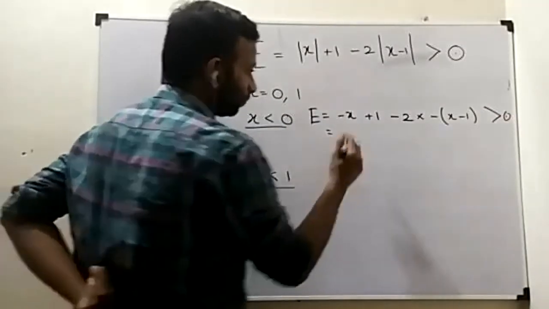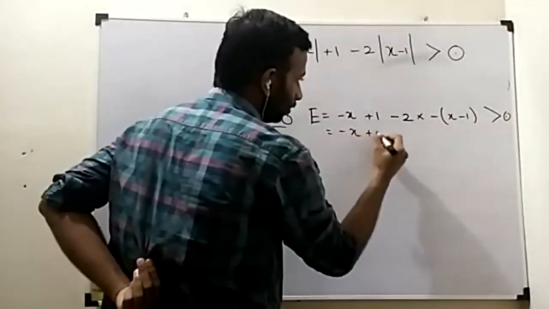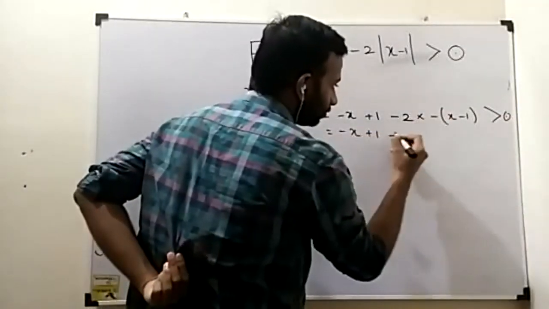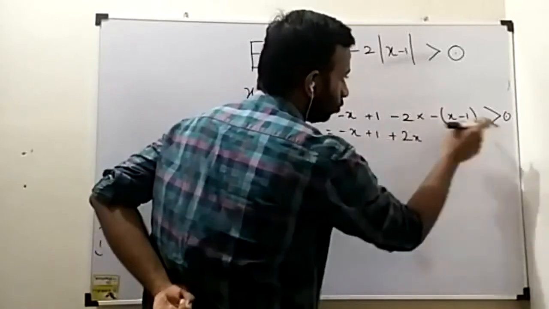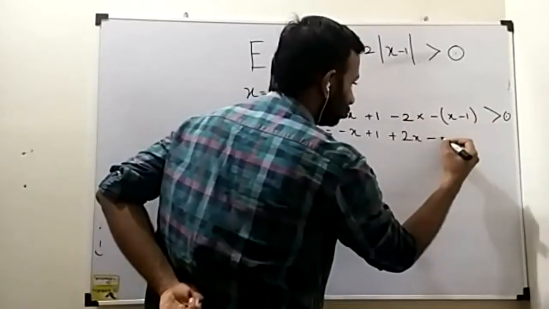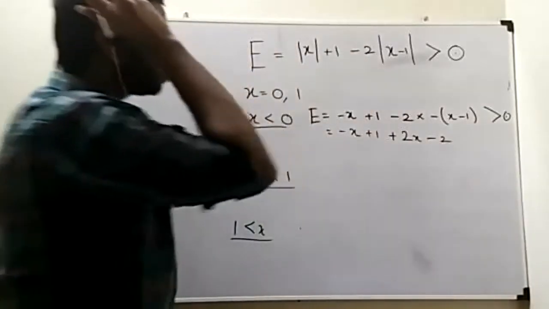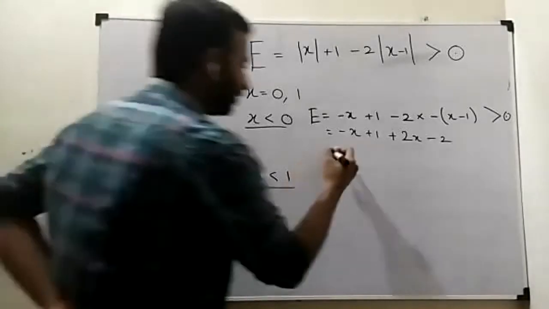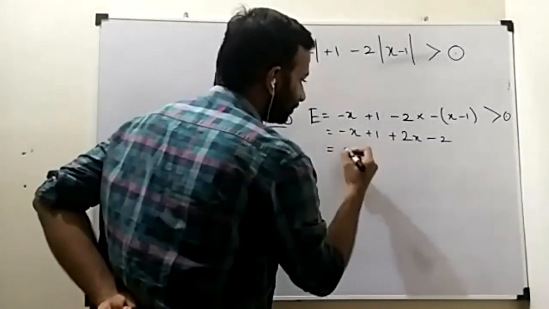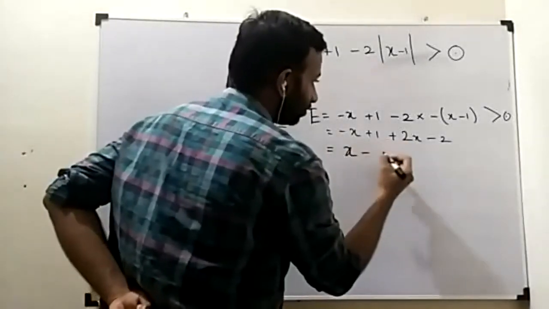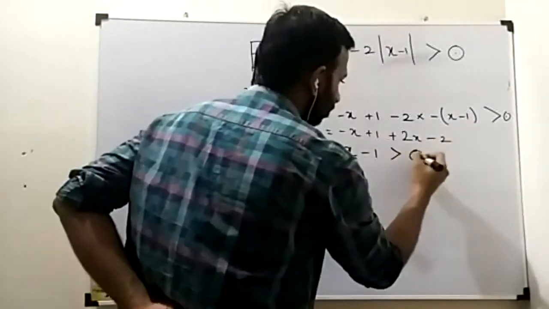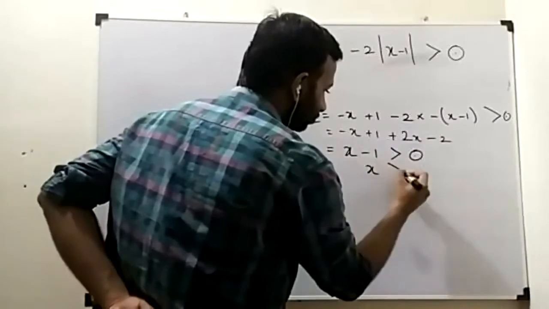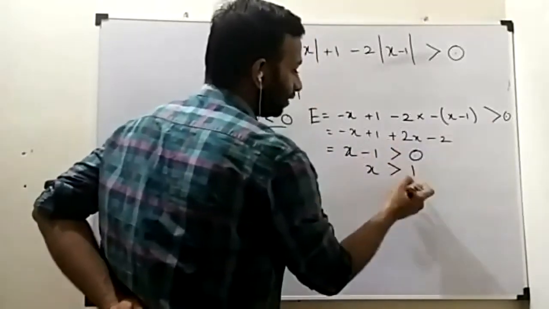So let's simplify. Minus x plus 1, minus into minus becomes plus 2 times x, 2x, minus into minus once again plus 2 into minus 1, minus 2, right? So if we simplify this, 2x minus x is x, plus 1 minus 2 is minus 1. Now we know this is greater than 0, so x is greater than 1.